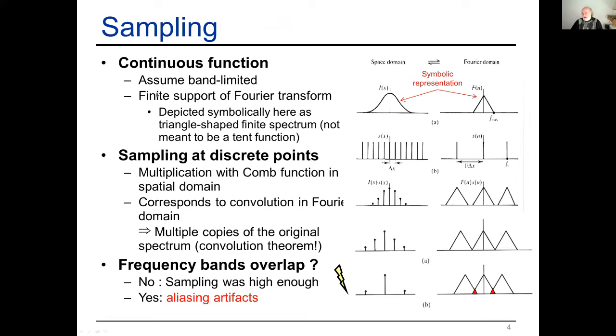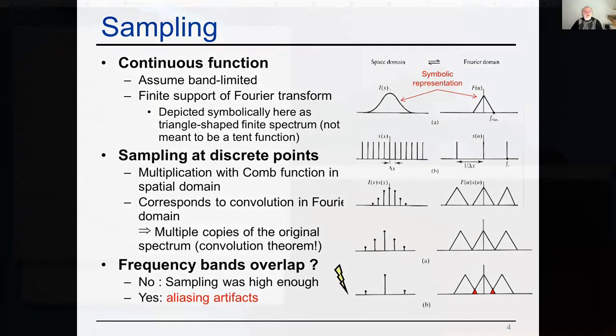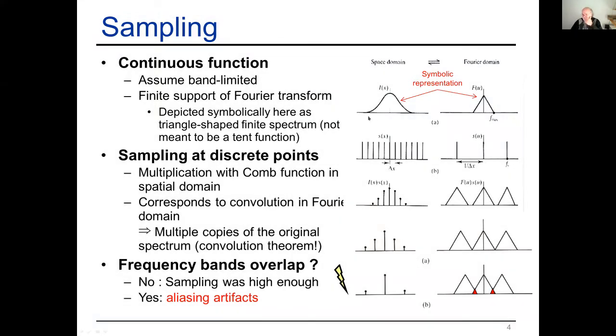So now, what does sampling actually do if we put this all together? This is a kind of dense slide, but it's critical. We'll look at this in some more detail in the following slides, but this introduces the idea. We have some function in the spatial domain here, and these are symbolic representations.